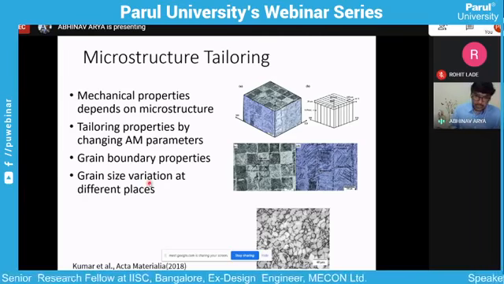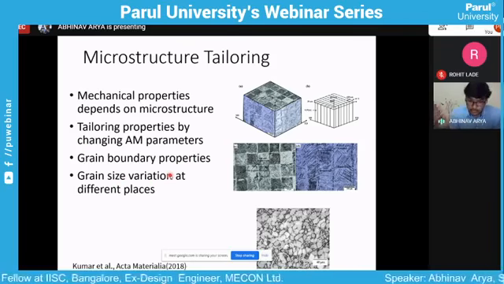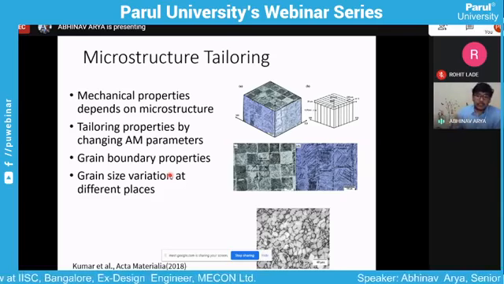Similarly, if we change the time and temperature, we can change the grain size. It also allows us to get different grain sizes at different places.